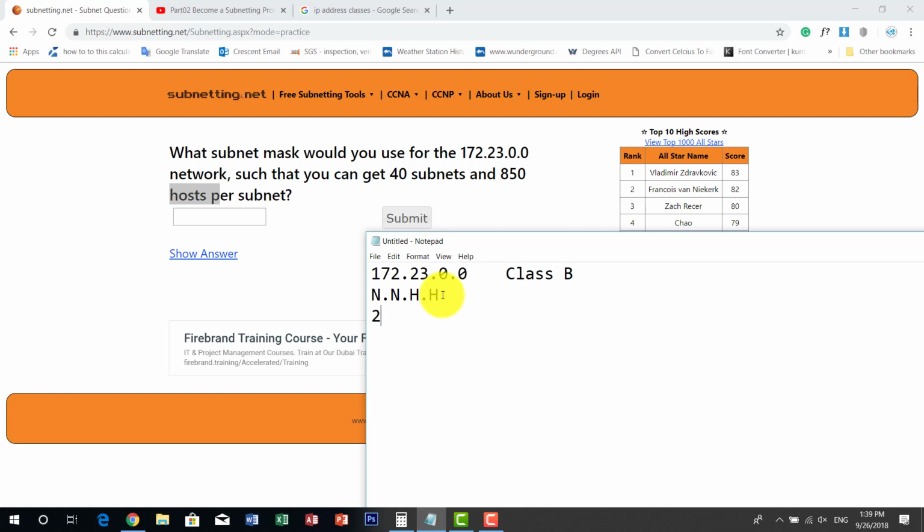So from the total subnets we can find the rest of the mask. We have to find the number which, as a power of 2, will be equal to 40. So 2 power something should equal 40.